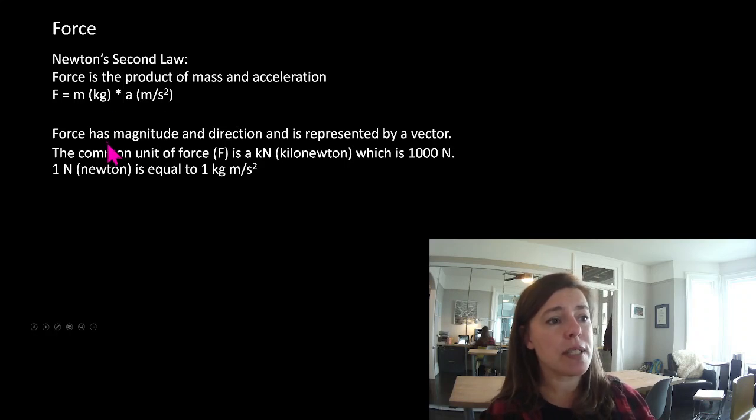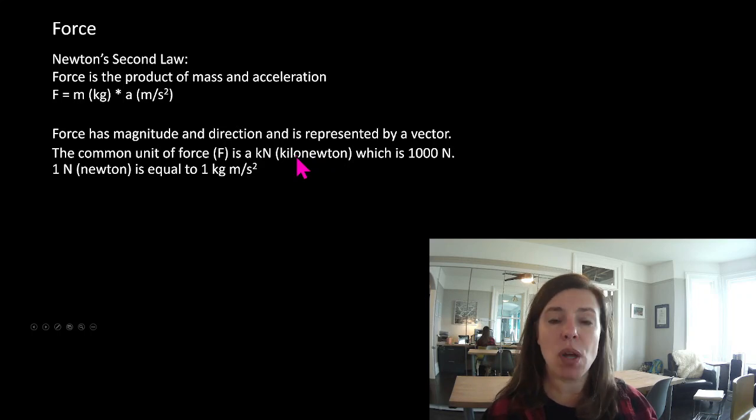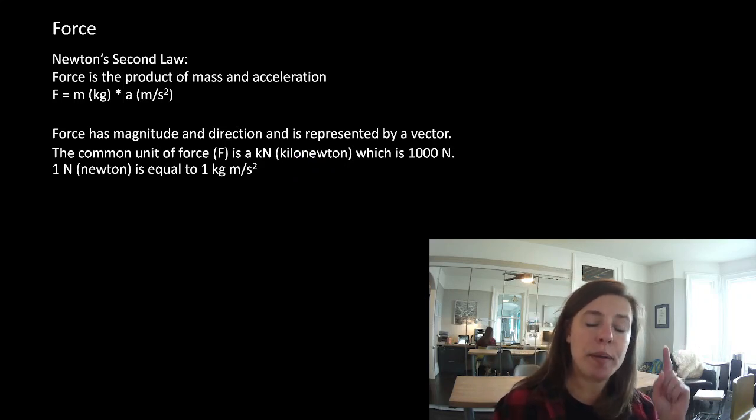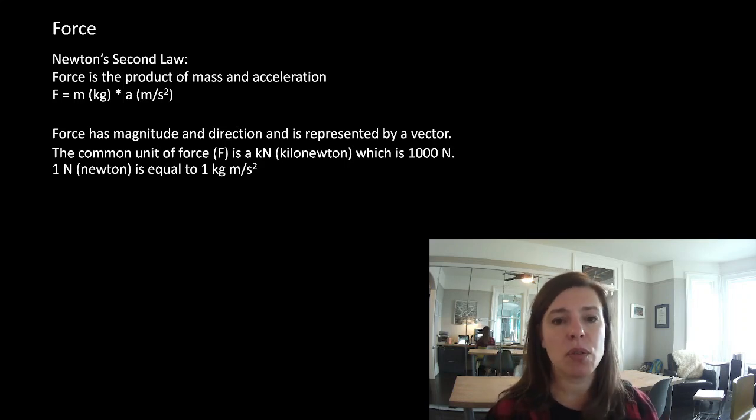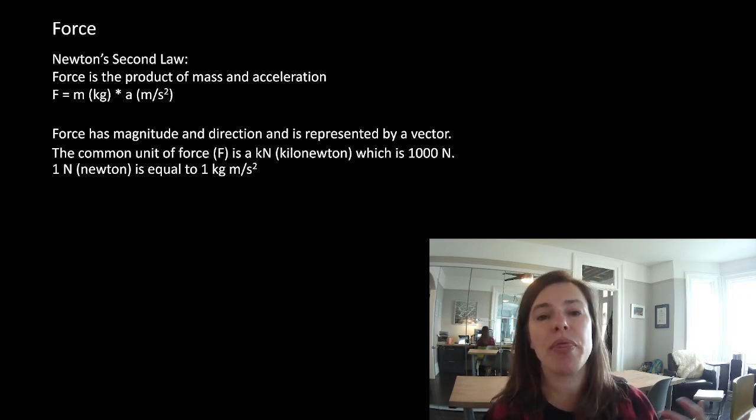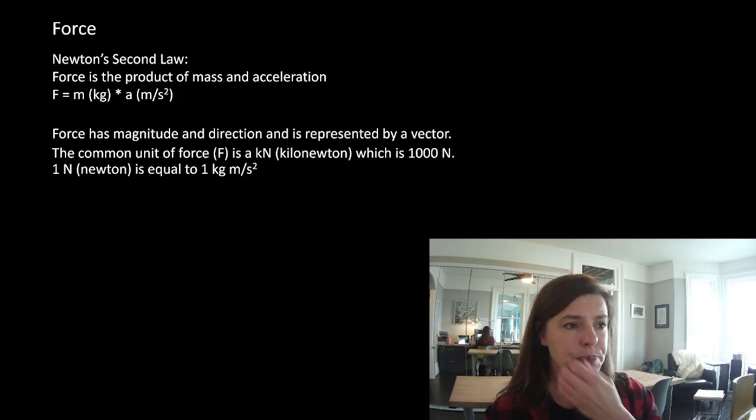Force has magnitude and direction and is represented by a vector. 1 newton is 1 kilogram meter per second squared, and 1,000 of those is a kilonewton. We often talk about it in kilonewtons, or 1,000 of those things.